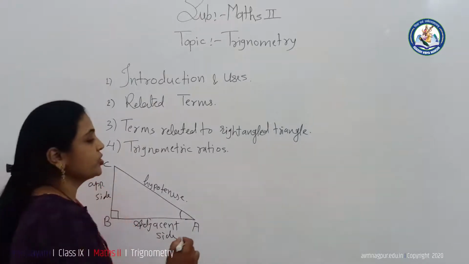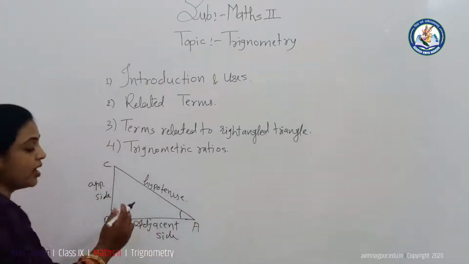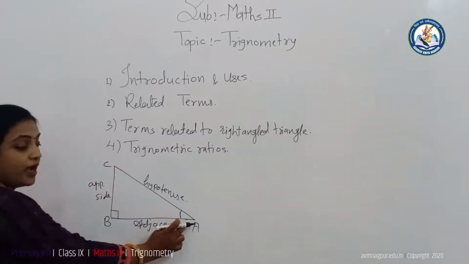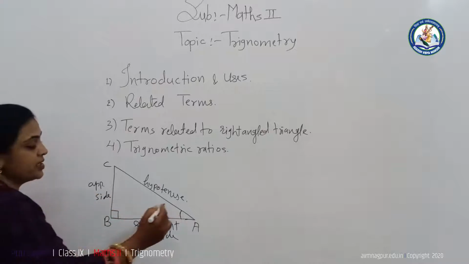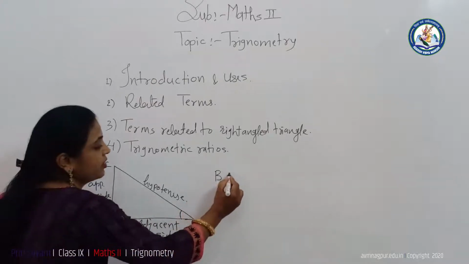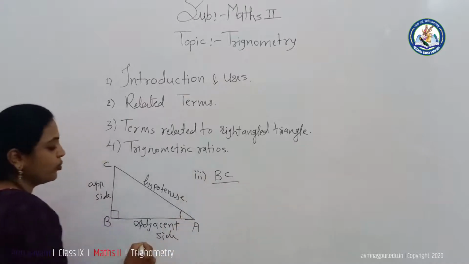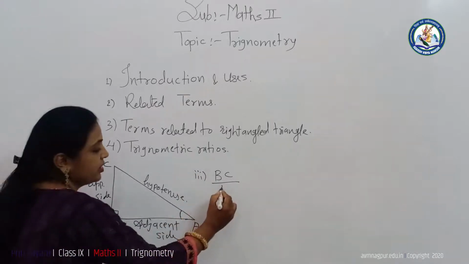Now our third ratio: opposite side upon adjacent side. For angle A, the opposite side is BC. The third ratio we are studying now is BC upon the adjacent side AB.